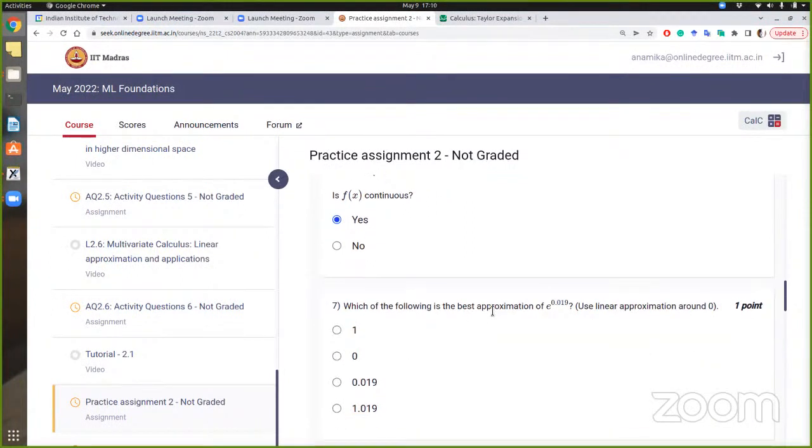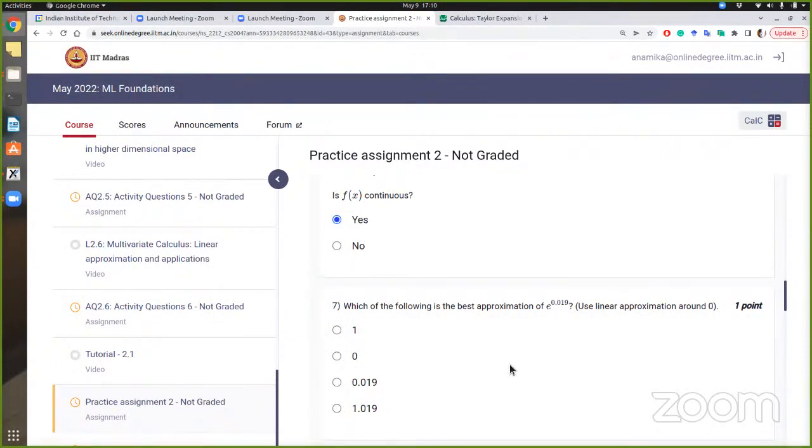Which of the following is the best approximation for this? Now you see e to the power 0.019. So complicated, right? Assuming you don't have a calculator. What you can quickly do is compute the linear approximation of which function? e to the x, correct.